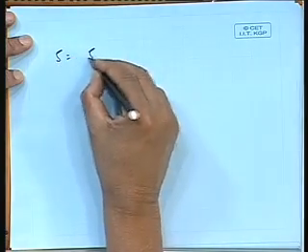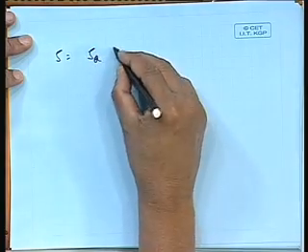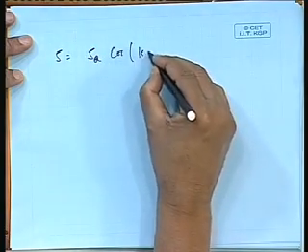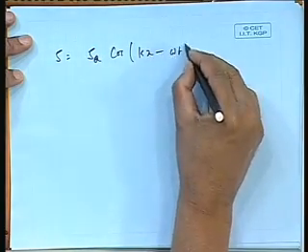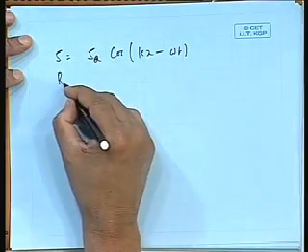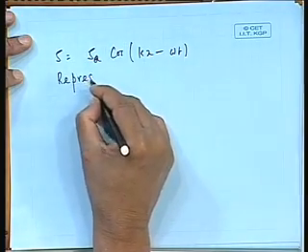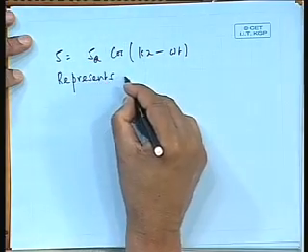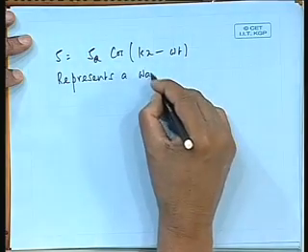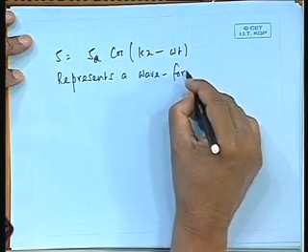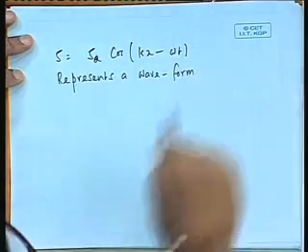Okay. So, in other words, I will write on the next slide that if you have here a curve xi equal to xi a cos(kx minus omega t), this represents a waveform. Okay.